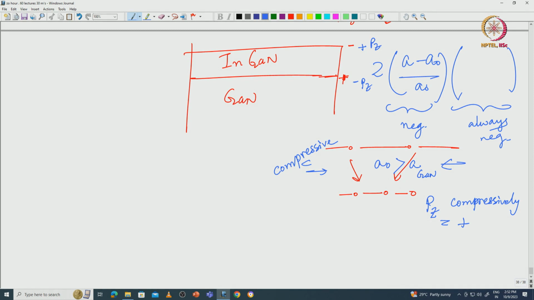Now, it so happens that for InGaN on GaN, the spontaneous polarization of InGaN on the top, which is negative, is actually much smaller than the piezoelectric component on the top because of InGaN being stressed, which is positive. Which means the top surface has a total positive and the bottom surface has a total negative, because the piezoelectric component is too strong, the magnitude is too strong. So, it overwhelms the spontaneous polarization, and this quantity is so strong that it basically dominates the overall polarization.